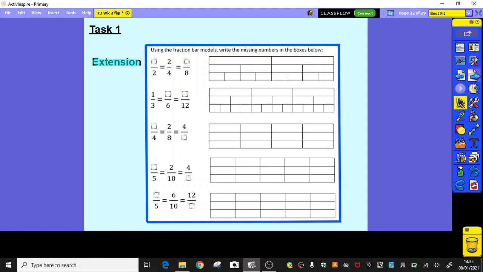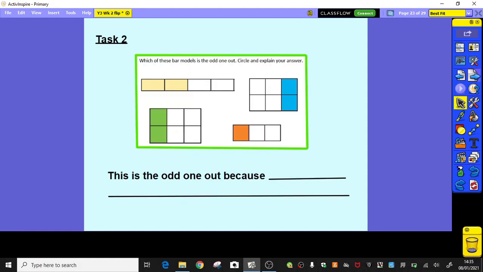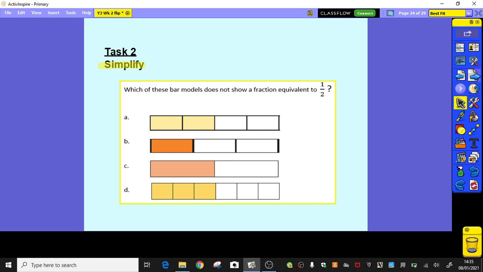As usual, I've provided an answer sheet for your grown-ups so they can check your answers before you send your work in. Once you've completed task 1, you need to use what you've learnt today to answer some odd one out questions. So have a look at these and see if you can find the answers to those as well.